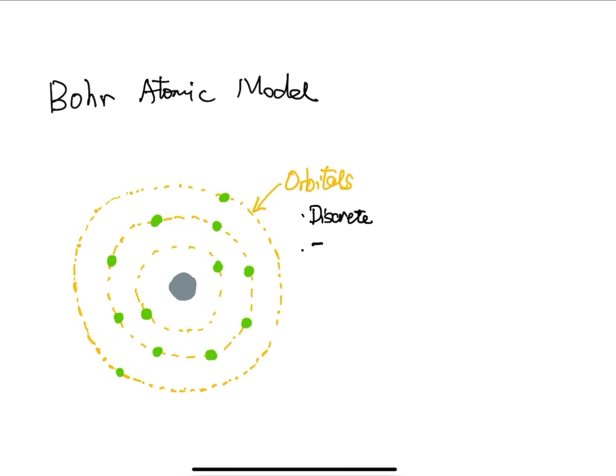It also stipulates that the energies of the electrons are quantized. So it states both the position and the energy of the electrons. That is, electrons are permitted to have only specific values of energy.